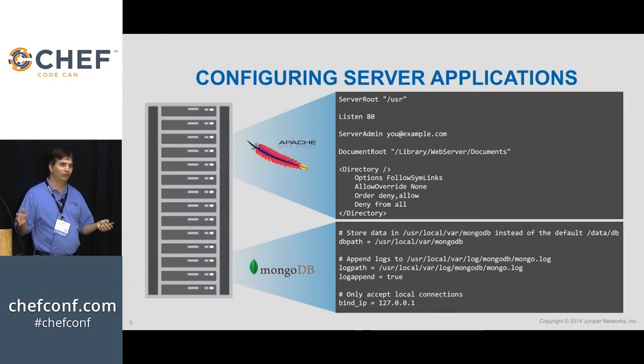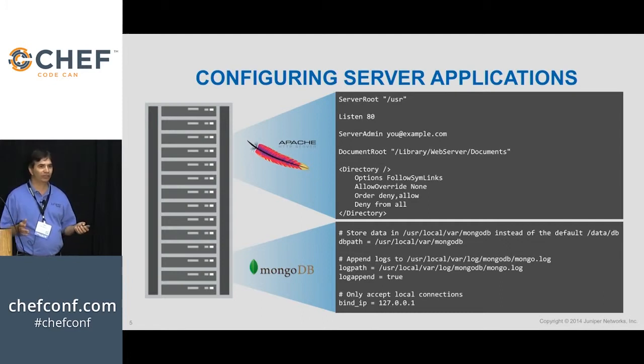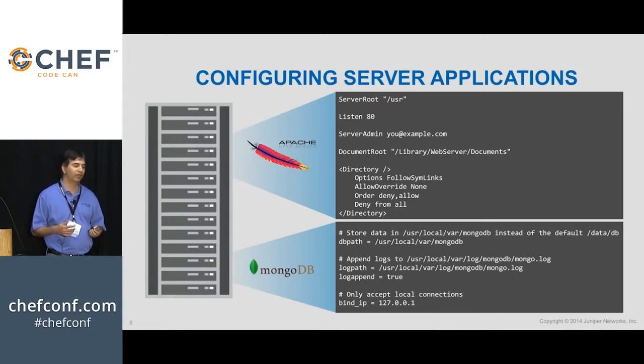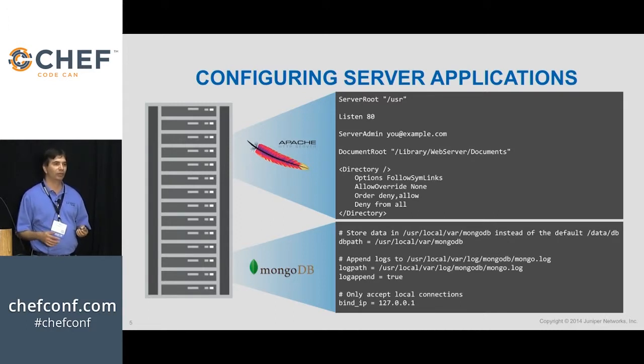So there is a huge variety of config files that you will see, and each one works a slightly different way. So the parsing of these config files is a difficult job. Luckily, most of the popular applications have been automated, so you don't have to worry about it.